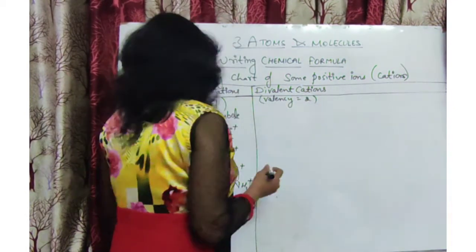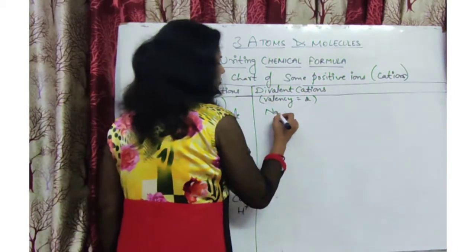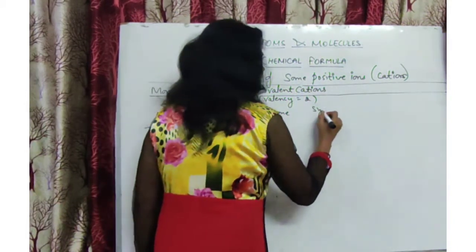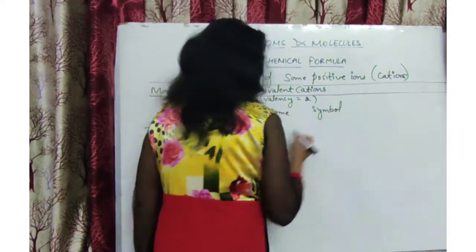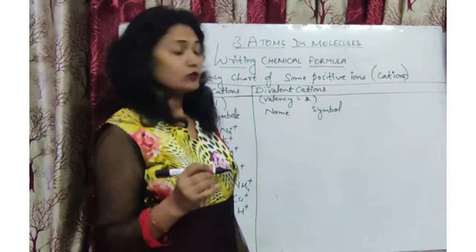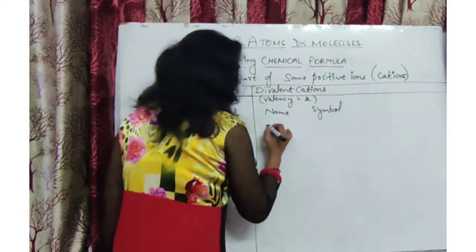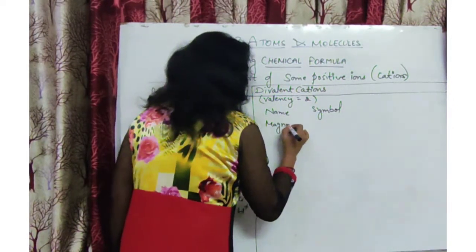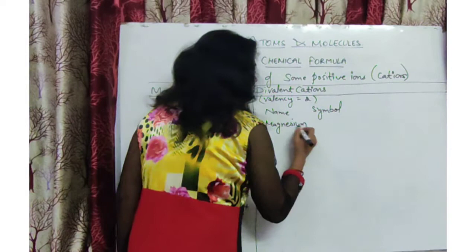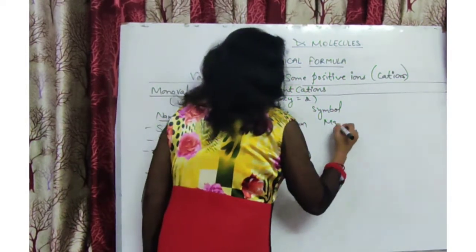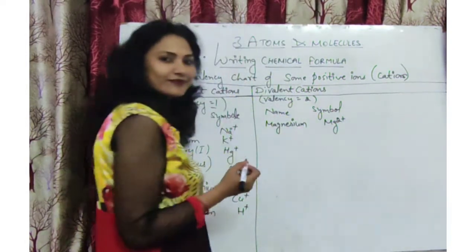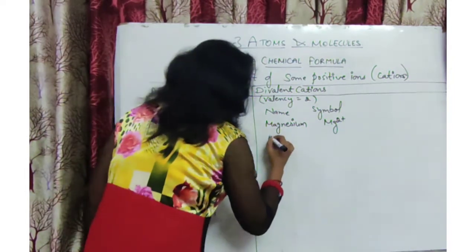Okay, so here you will write the name, here the symbol of the element. Divalent compound, for example, divalent elements are magnesium. We can write here magnesium, Mg2 positive.